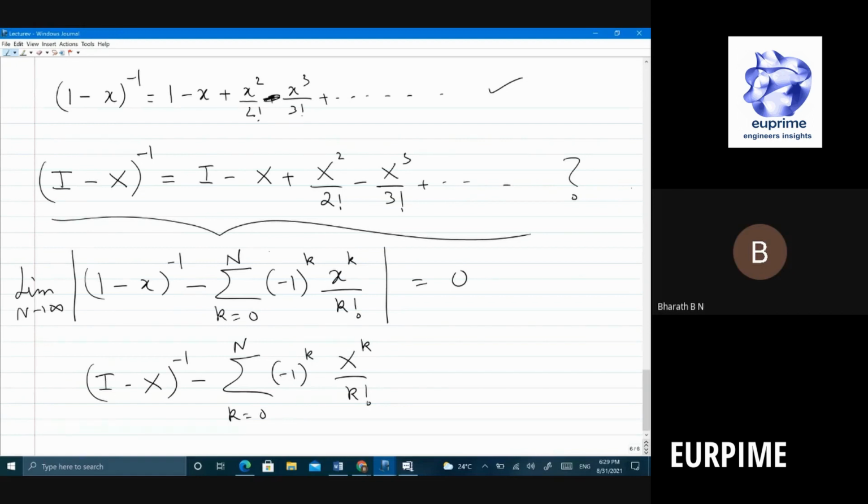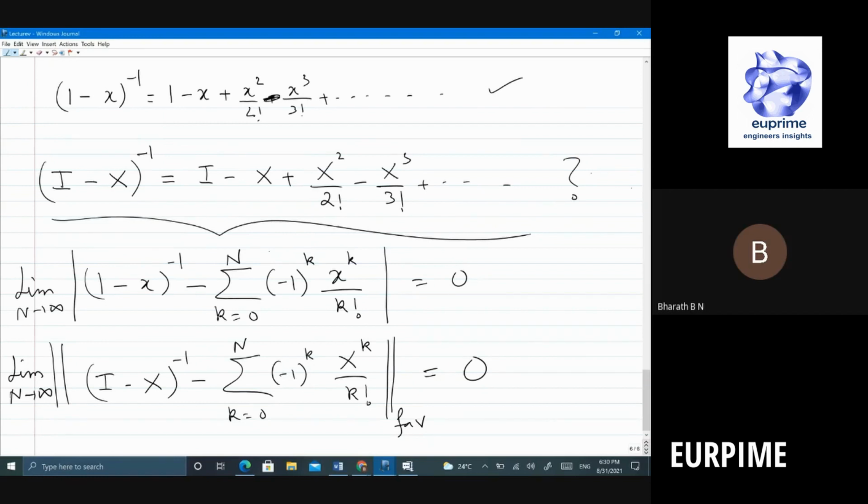Some type of norm, right? Which type of norm should I pick? Well, does it matter which norm I pick? Equivalence of norm, right? So you take any norm, your favorite. Okay, so I'll call it your favorite norm, and limit n tending to infinity. This is 0. This is the meaning of I minus x whole inverse in matrix, right? So this is the actual meaning.